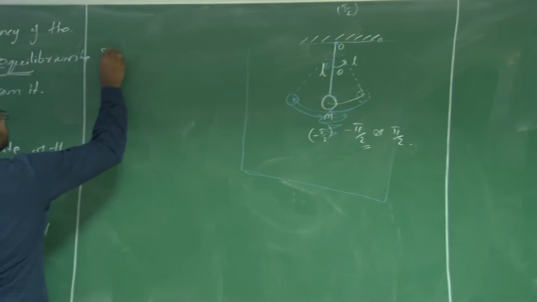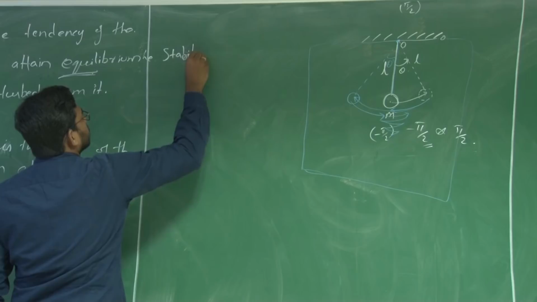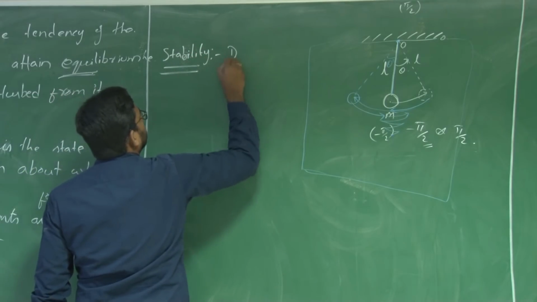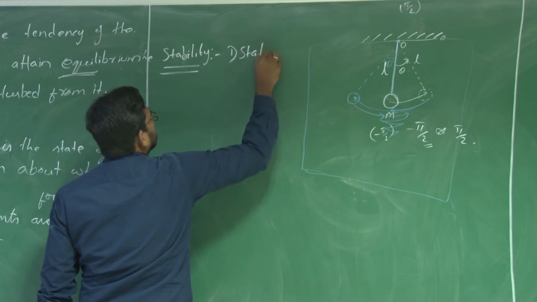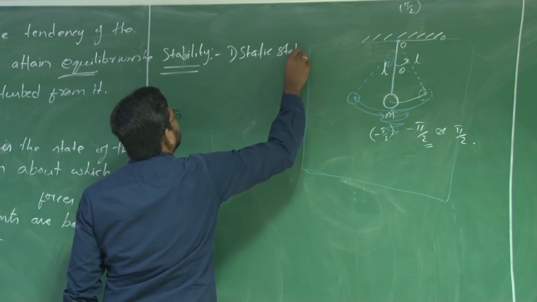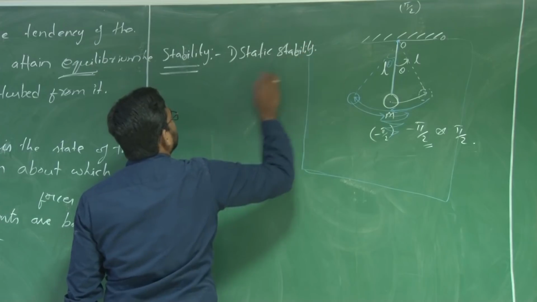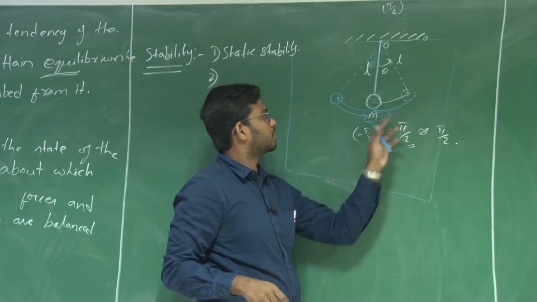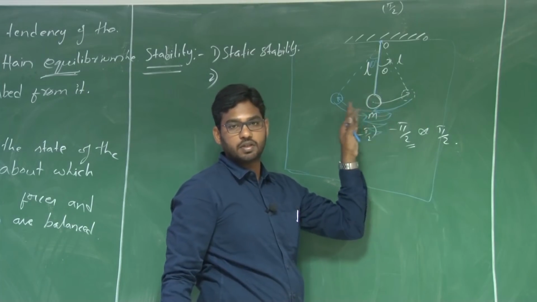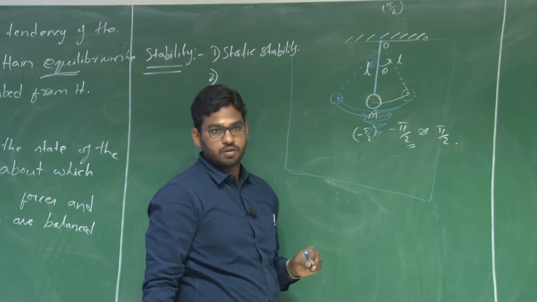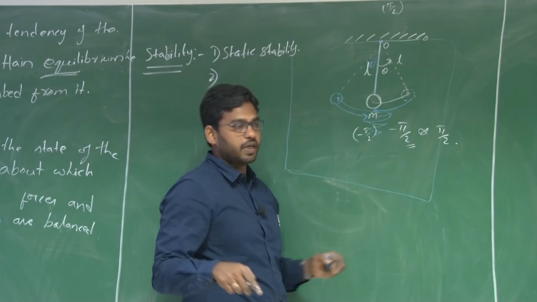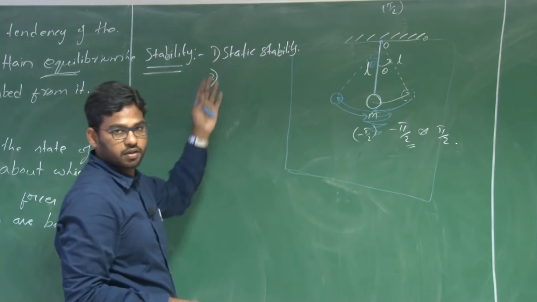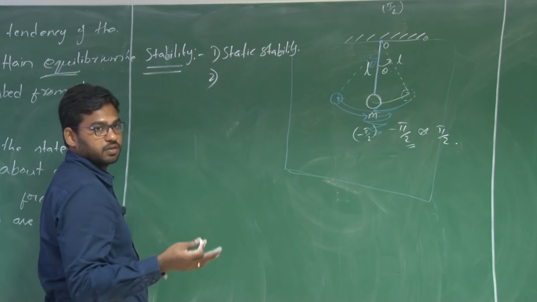One is the initial case, static stability. At any instant you see the pendulum is trying to come back towards its initial equilibrium position. That talks about your static stability. At any instant, does it have this tendency or not? The study about such a condition is static stability.